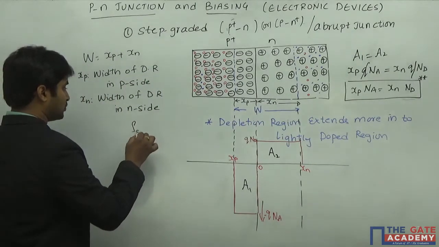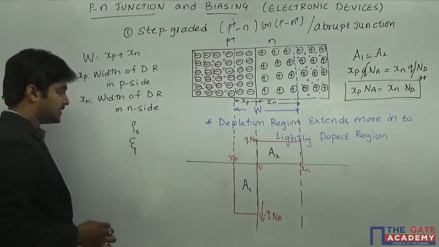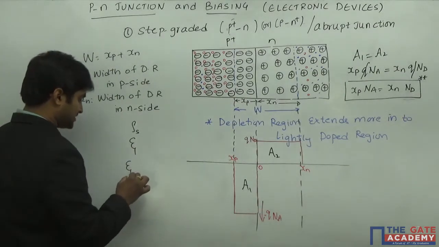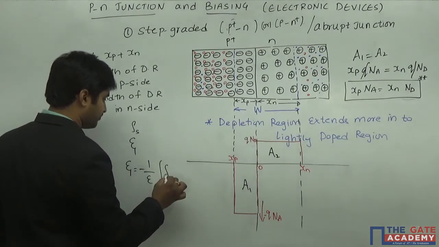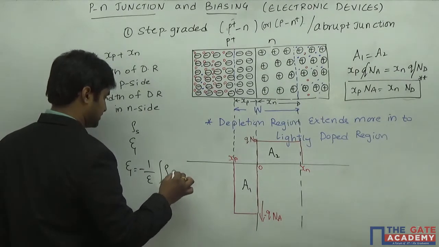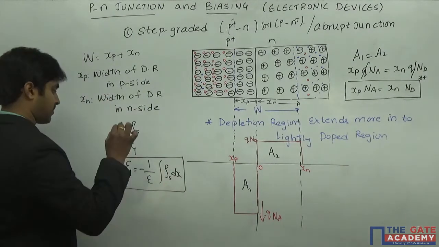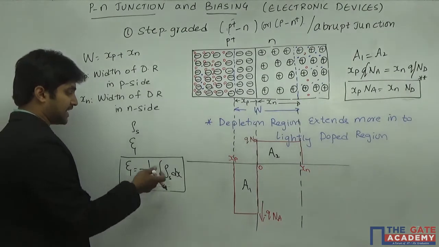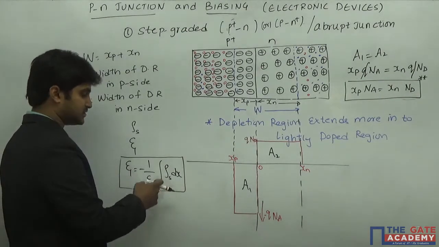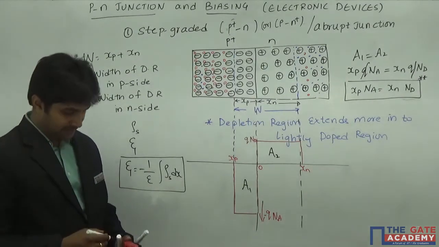If rho s is the indication of the charge density and the electric field is E, then the electric field is given by E equal to minus 1 by epsilon times the integral of rho s. This is the formula for the electric field. So the electric field is basically the integration of rho s ds multiplied by 1 by epsilon, where epsilon is once again the permittivity of a particular substrate.